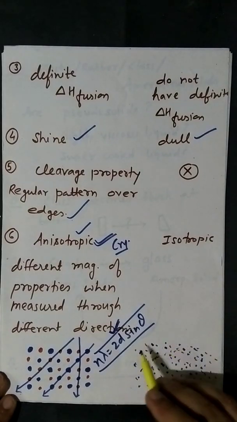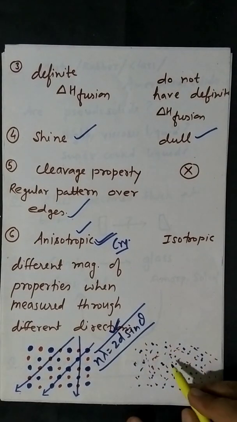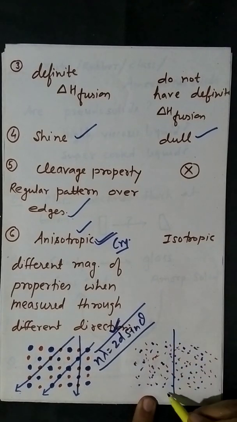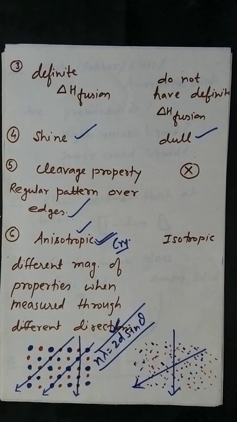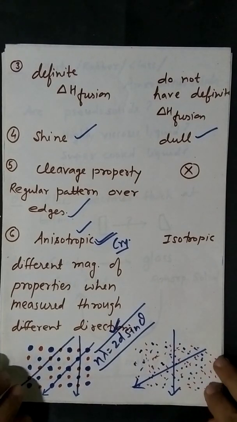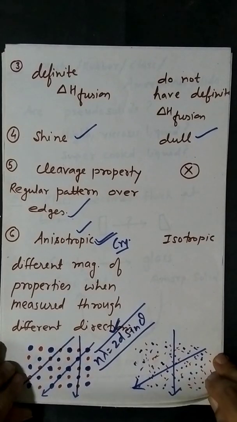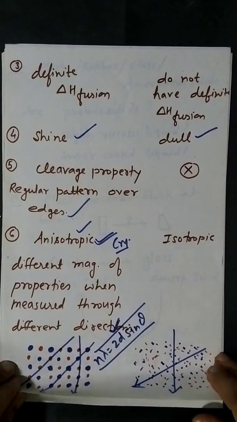Now here you can see an irregular random arrangement, and therefore whether we calculate density through this direction or this direction, the number and type of particles remain the same, and therefore they have the same value for density, refractive index and other properties also.